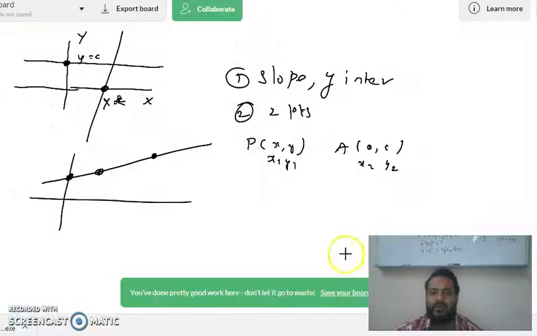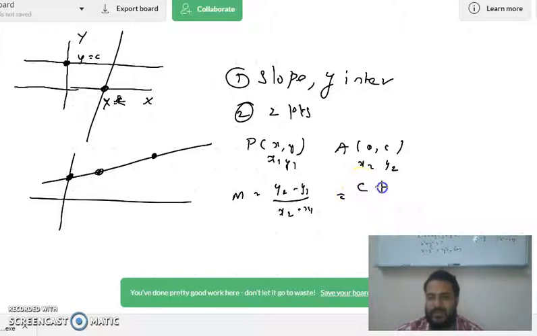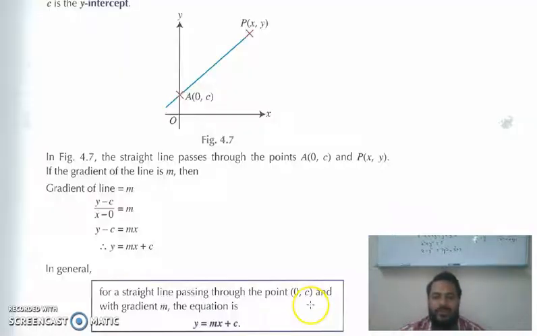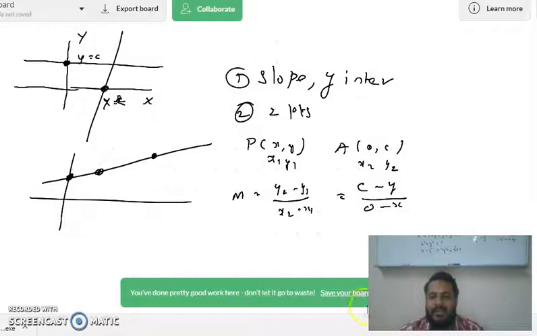Use the rule for your slope. m is equal to y2 minus y1 by x2 minus x1. It is c minus y divided by x2, which is 0, minus x1, which is x. And you can cross multiply here.